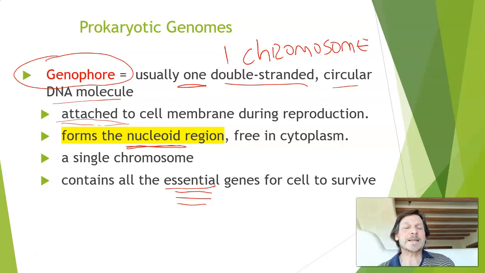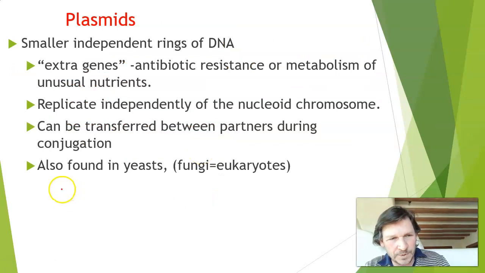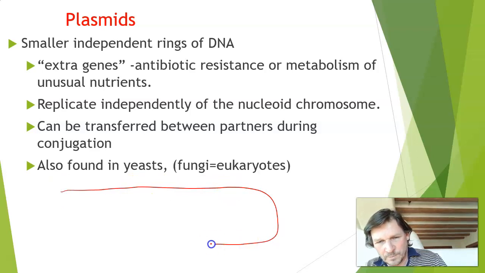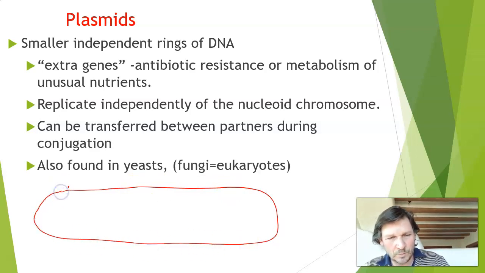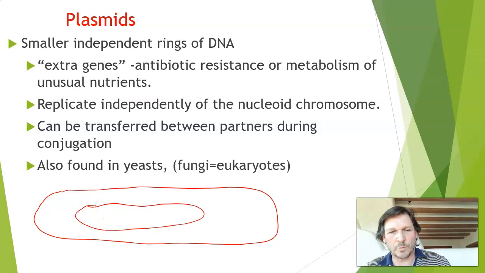All right? Prokaryotes, bacteria, and archaea, also have a second source of DNA, and these are called plasmids. So if this is the cell, this would be the large single chromosome.